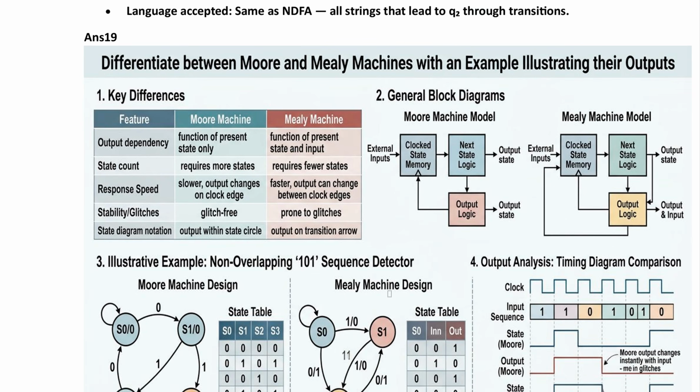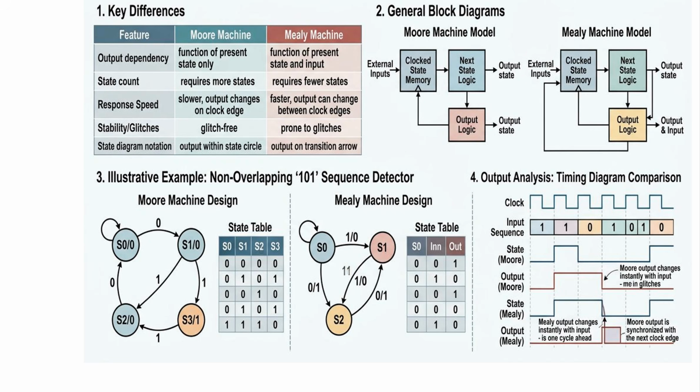So these are the differences, and these are the examples of Moore and Mealy machine. I'll be explaining. As you can see, this is the example for Moore machine.